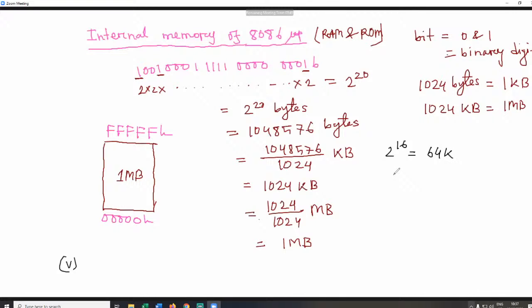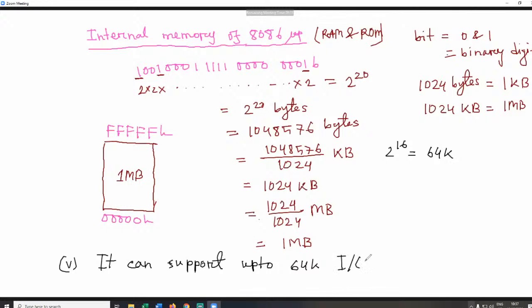If you want to calculate how many input output ports a 32-bit processor can support, then you write 2 to the power 32.